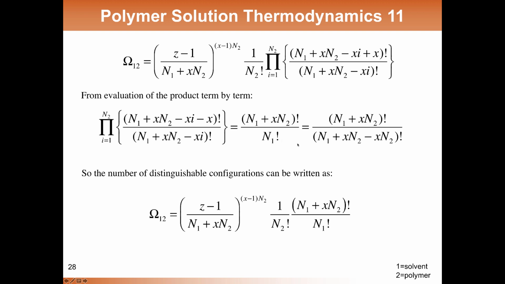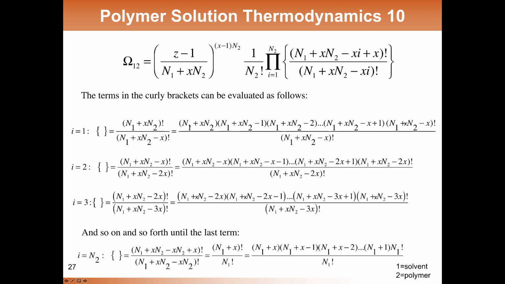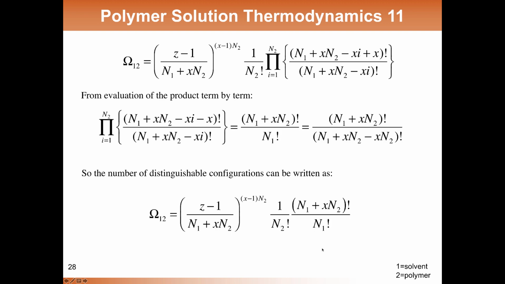And you can see that n1 + xn2 multiplied by n1 + xn2 - 1, minus 2, and so on and so forth, minus x + 1, minus x, on and on and on, until you get down to (n1 + 1)! over n1!. And so this relationship can be written as shown here.